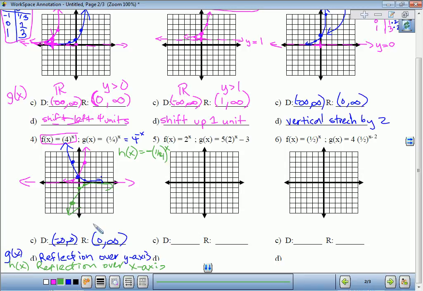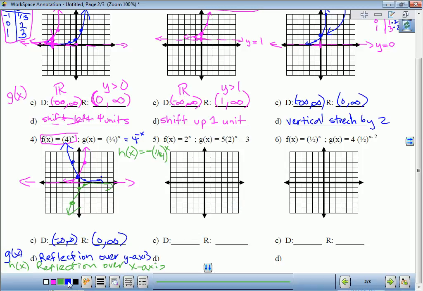It changes all of your y values to the opposite. A negative here causes all the x values to change to the opposite. A negative out in front changes all the y values to the opposite. Do y'all remember that? Okay, cool.